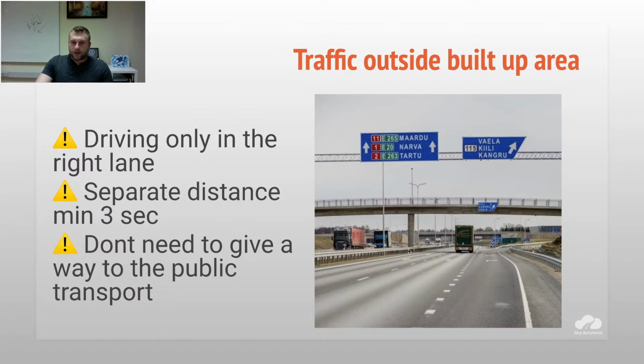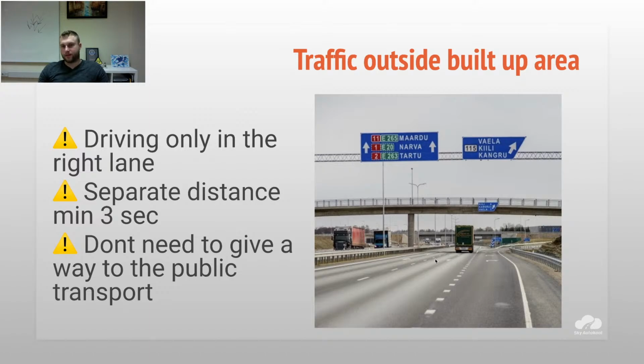So let's observe the roads we have. On these highways, drive only in the right lane. It's one more rule. Basically, on the highway, we cannot use the left lane. We can use it only if we want to overtake someone or if the right lane is totally busy. For example, a lot of trucks are moving at the same time, so we can use the left lane. Otherwise, we have to use the right one.